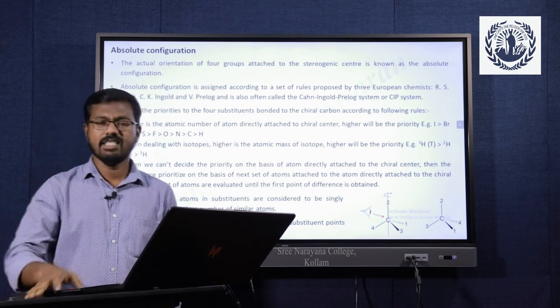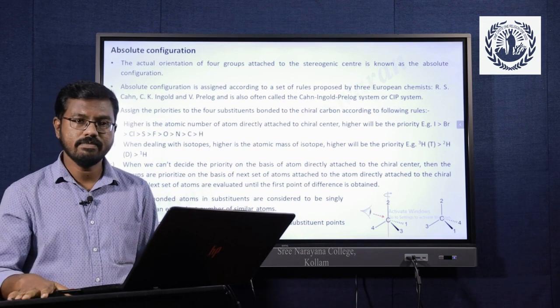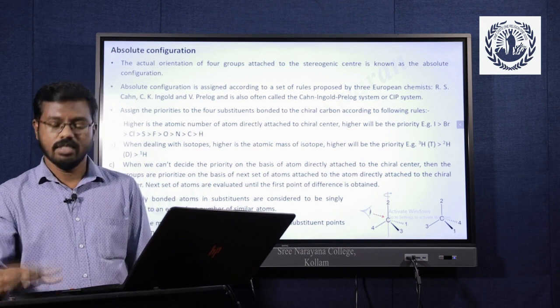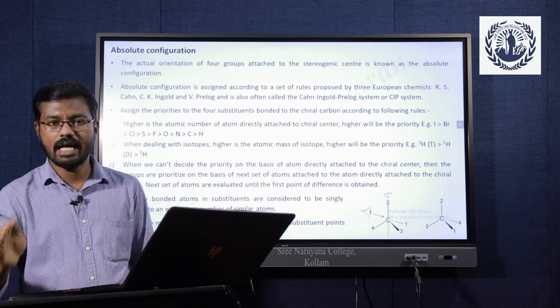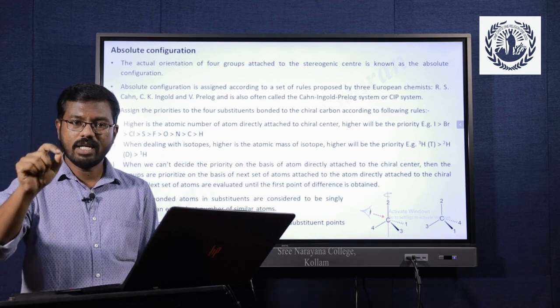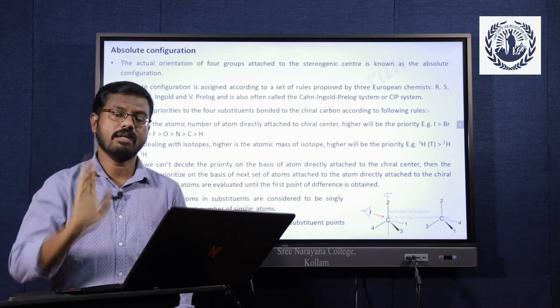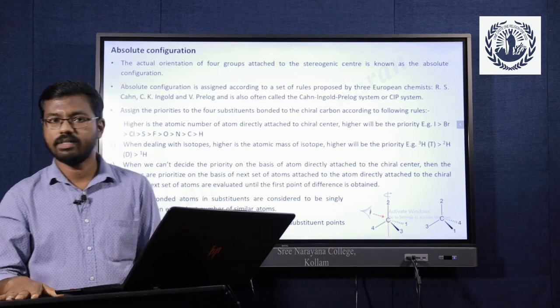This means we should prioritize the groups attached to the chiral carbon atom based on certain criteria. The first criterion is based on the atomic number of the atom which is bonded directly to the chiral carbon. Higher atomic number gives higher priority.